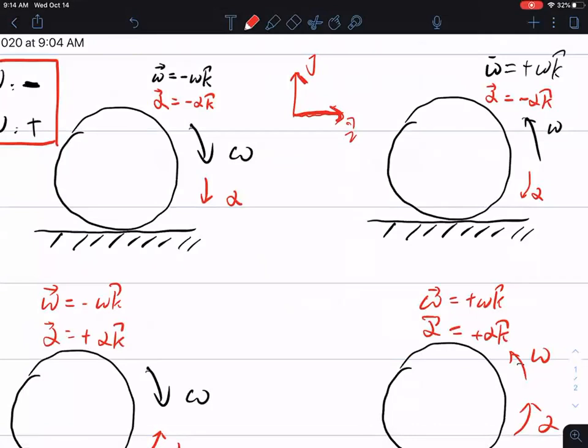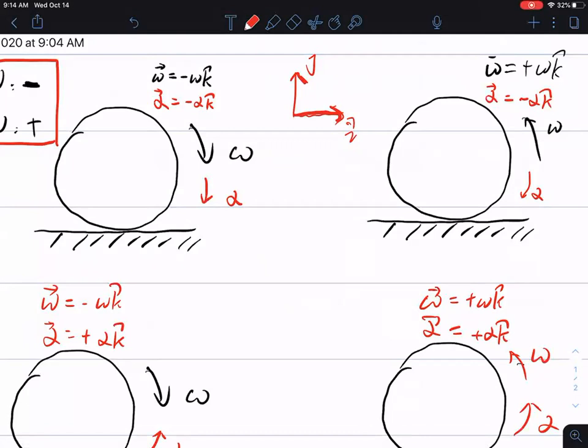Anyway, if this is our I and J, where's the direction for K? Use your finger, tell me where's the direction for K. Yes, K is pointing out from this screen.